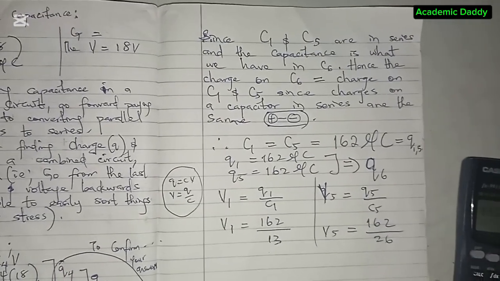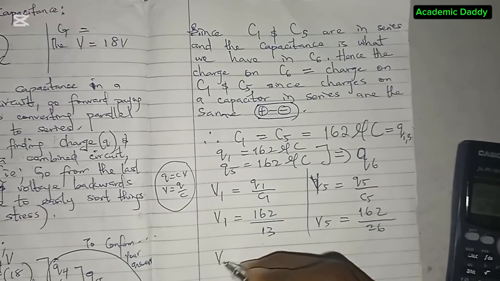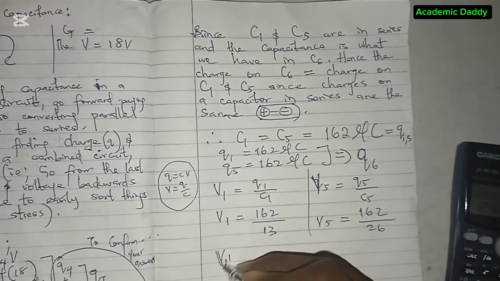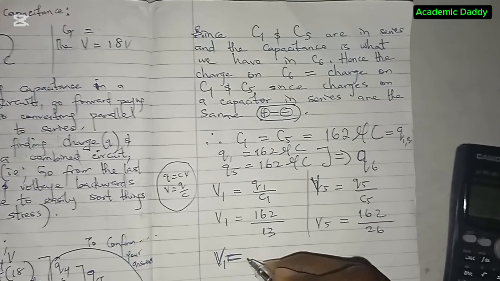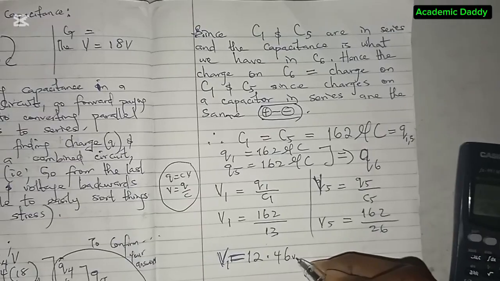So 162 divided by 13. V1, that is the first voltage, will be equal to 12.46 volts.